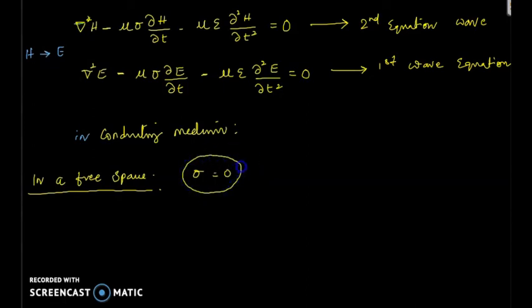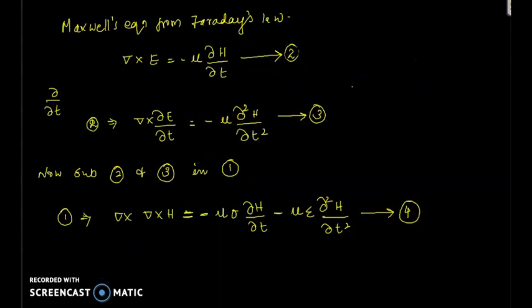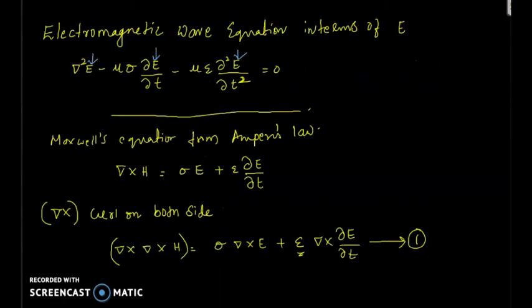Sigma is nothing but the conductivity of the medium. So in free space, conductivity is 0. So what will happen to the previous expression? So both the first and second wave equation. If you look at here, this becomes 0.